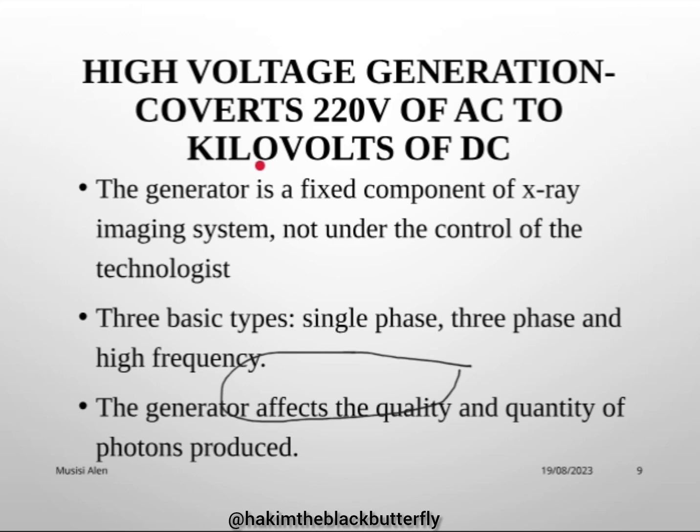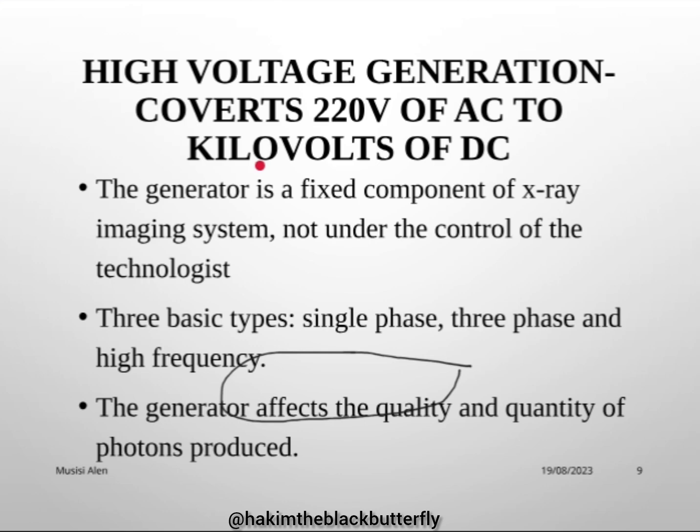If you use 100 kV and another person uses 80 kV, the X-ray photons at 100 kV will have a lot more energy than the ones produced at 80 kV. So kV affects quality of the beam, and also, to a certain extent, affects the quantity of X-ray photons produced.